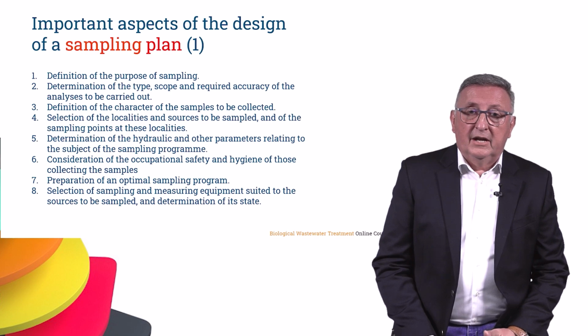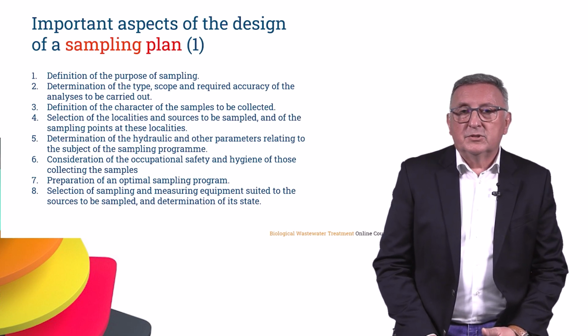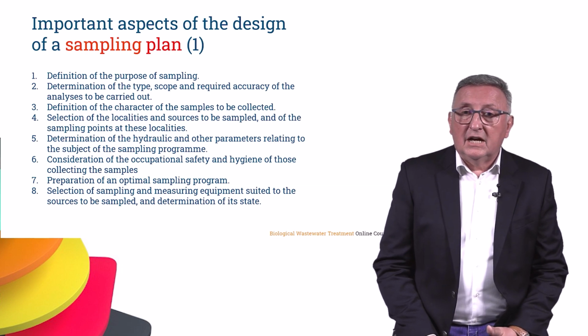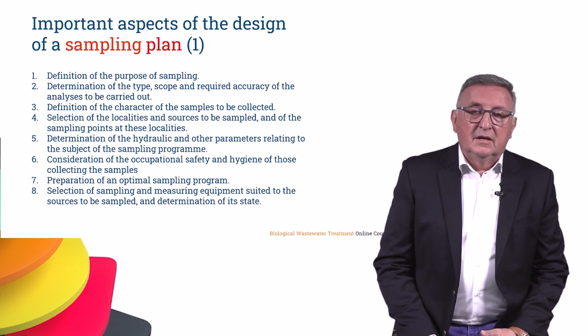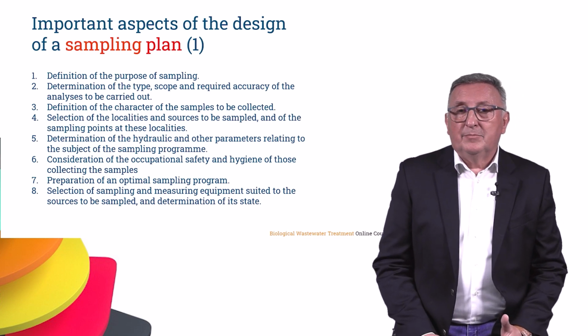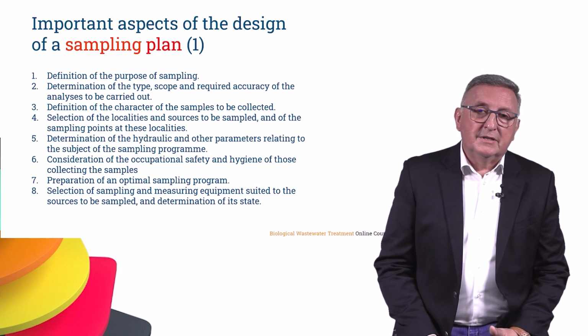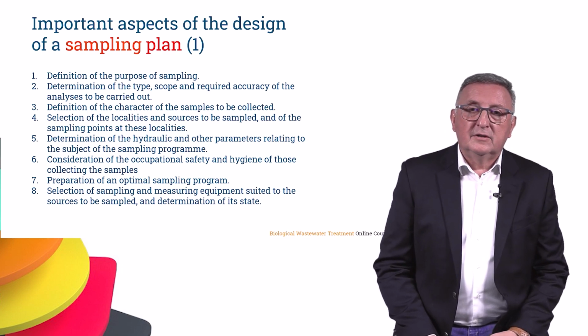You need to prepare an optimal sampling program in terms of resources, time, and the budget. But also, you need to cover with your sampling scope the minimum amount of samples that are required to answer your purpose of sampling.